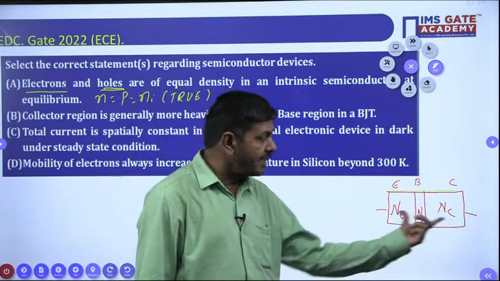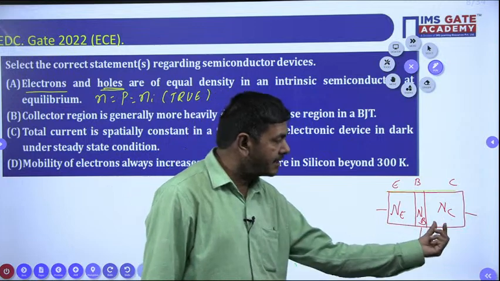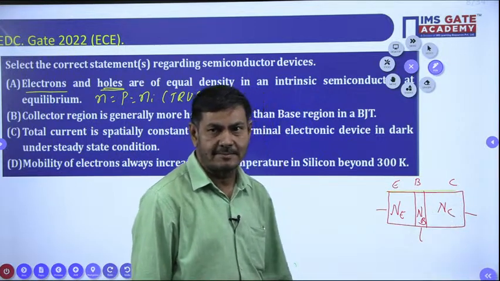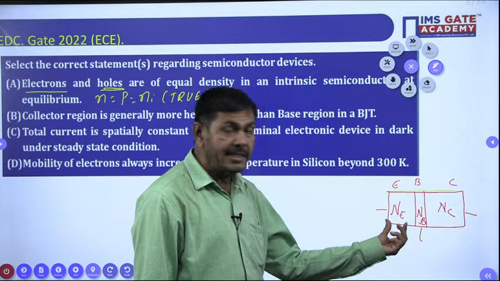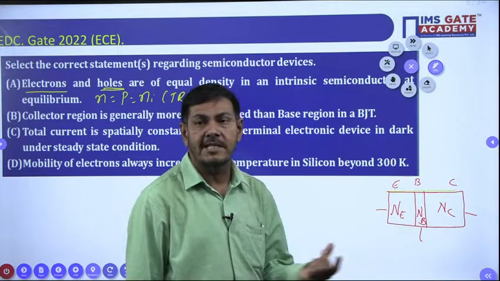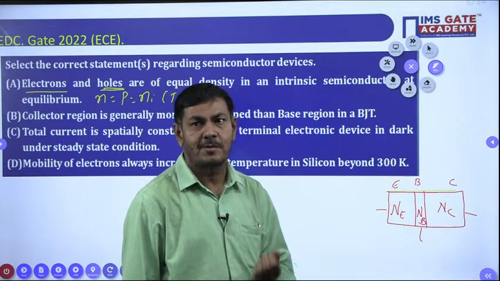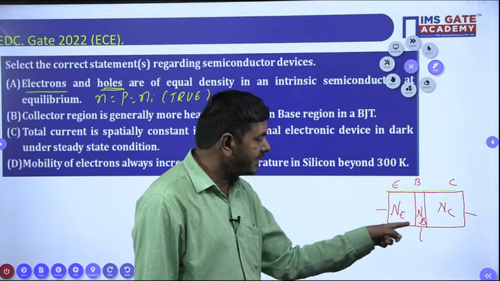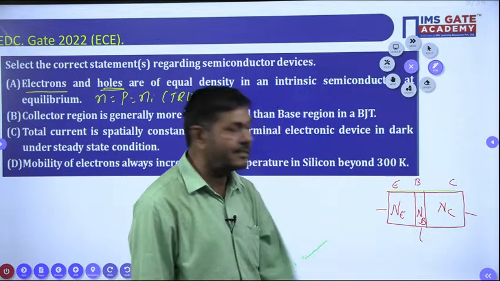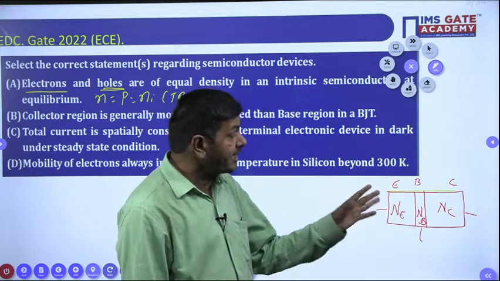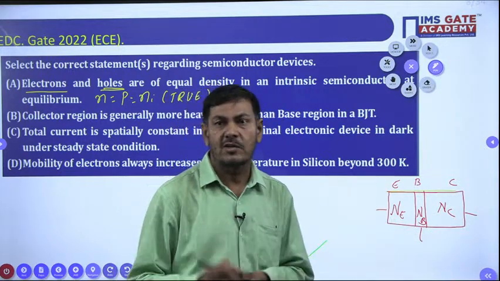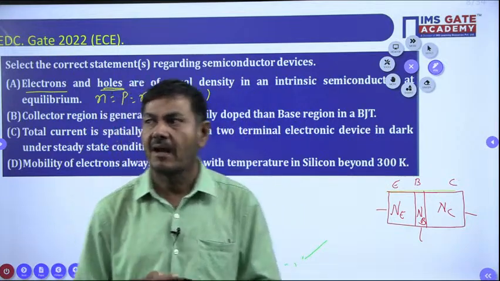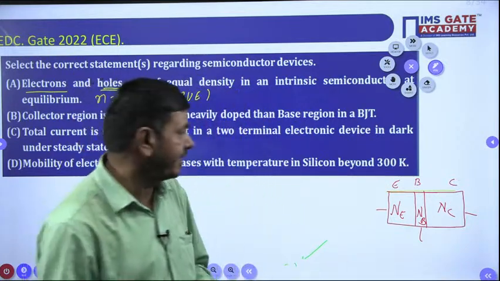But lengthwise, if length is taken, the collector region length is more. Ne is moderate, Nb is a very small length only possible. This length is more, this length is next level, this length is a third level. What about the concentration? If the concentrations are compared, how will the difference be here?